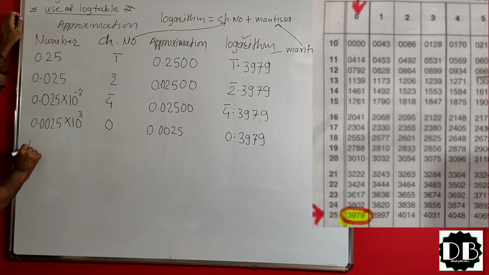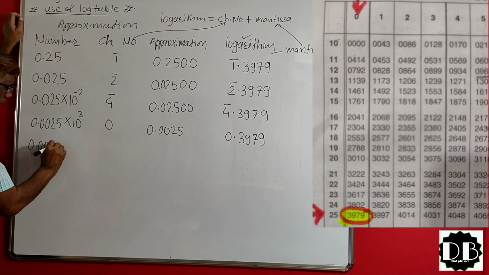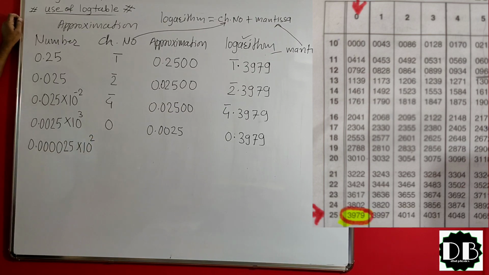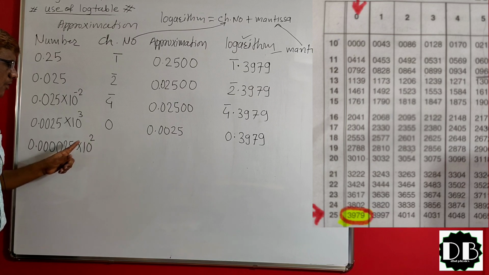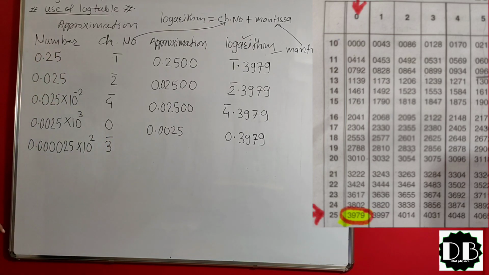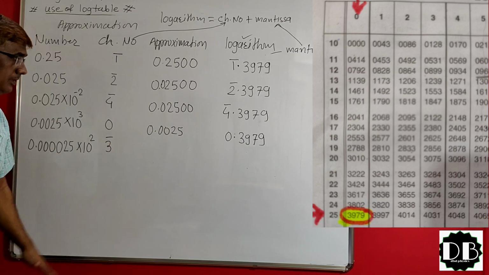Suppose our number is 0.00025 into 10 raised to 2. Our major challenge is to bring out the character number. There is 1, 2, 3, 4, 5. Minus 5 plus 2, minus 3, bar 3 is our character number.